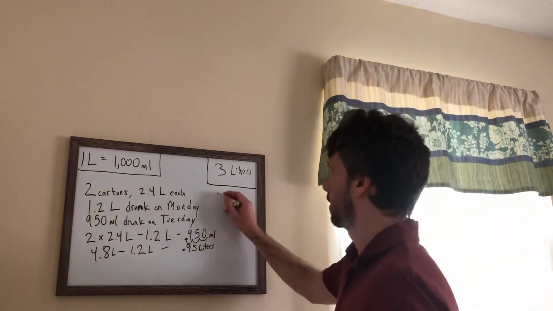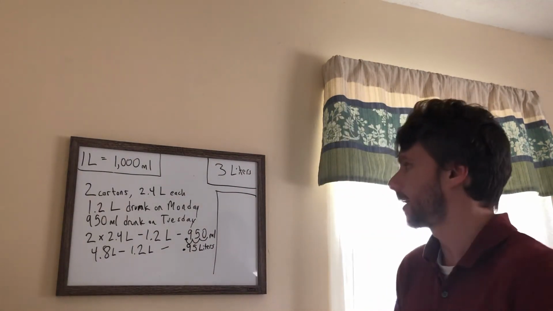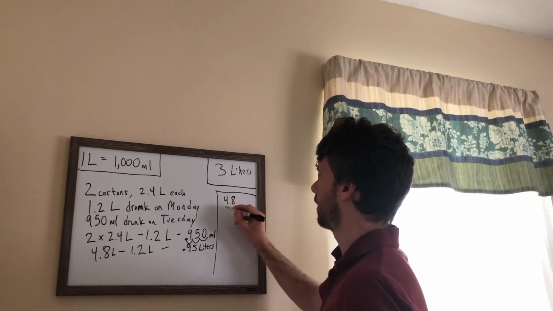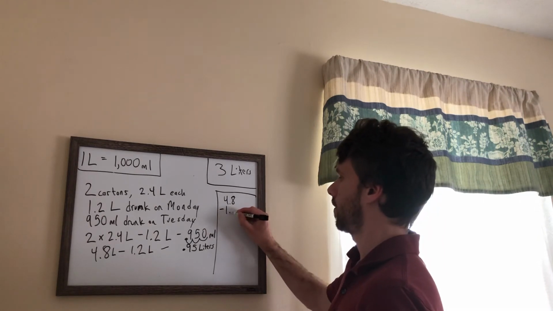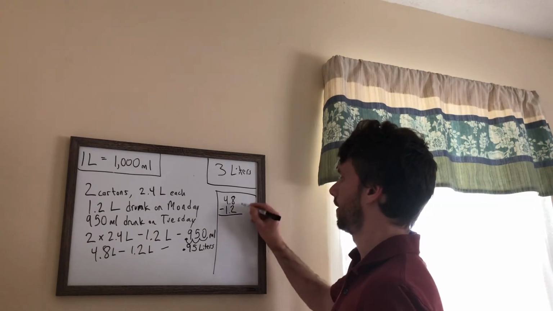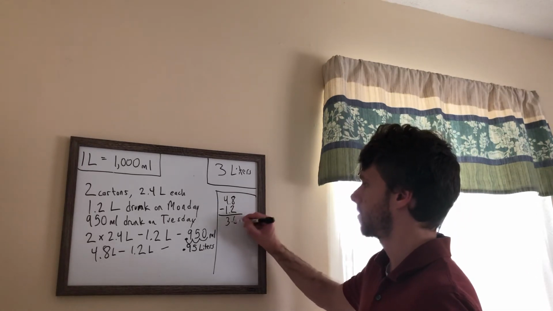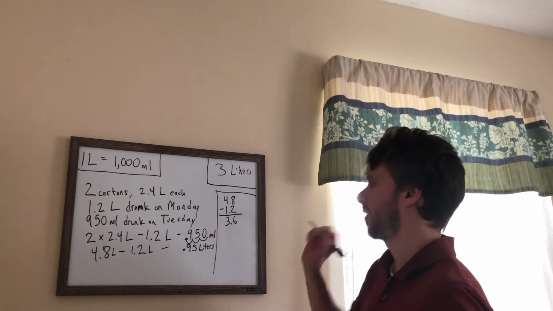All right, so let's finish this. Now that we have a plan of action, now we just got to do the calculation. So 4.8 liters I subtract 1.2. 8 minus 2 is 6. 4 minus 1 is 3. Remember to bring down the decimal there.